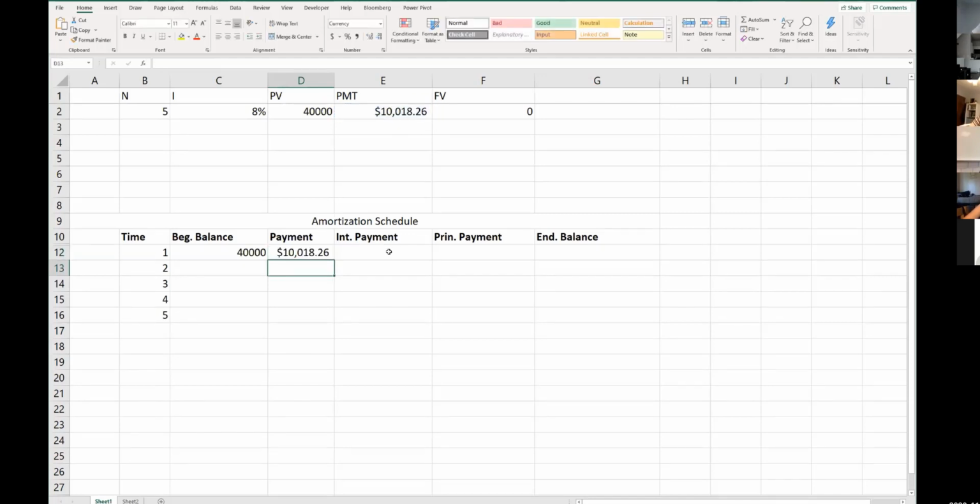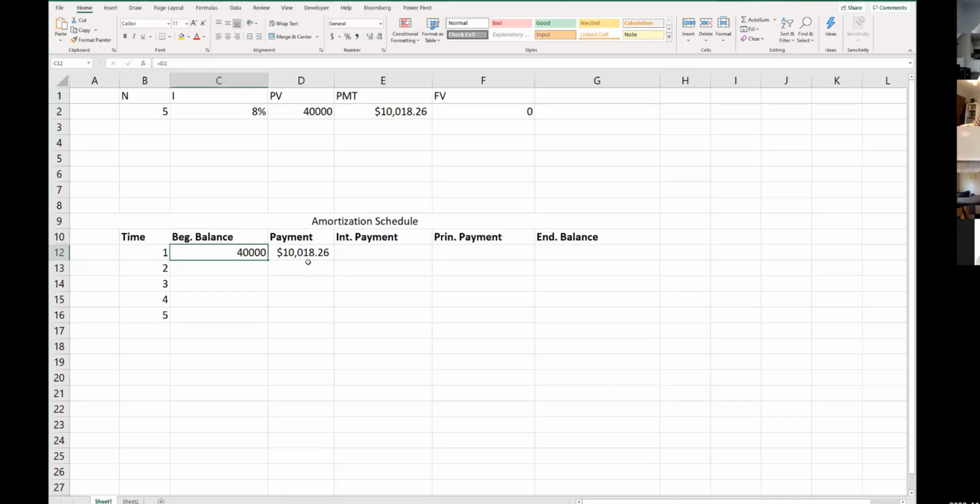Okay. Now interest, what do we pay interest on? It says that your interest is 8%. What do you pay interest on? Think about it. You just took a loan. What are you paying the interest on? Very good. You're paying interest on the principal amount. However much is outstanding at the beginning of the year or the beginning of the period, we're paying interest on that, right?